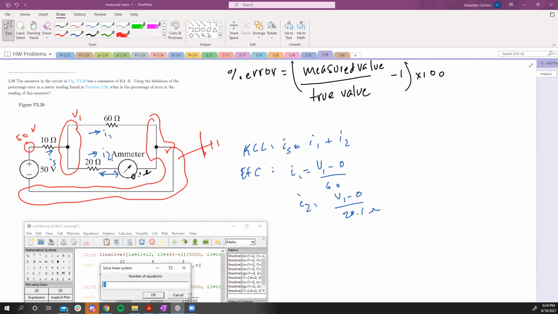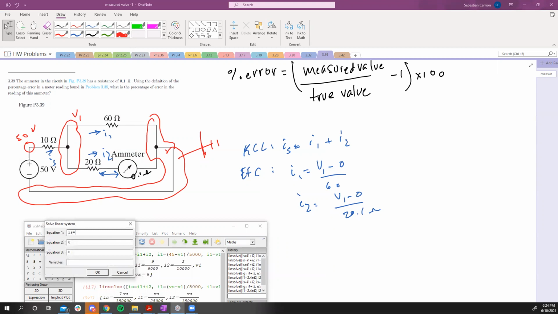We have three equations: IS equals I1 plus I2, I1 is equal to V1 over 60, and then I2 is equal to V1 over 20.1. Our variables would be IS, I1, I2, and you can also say V1.